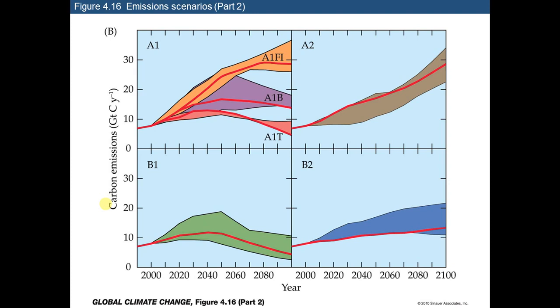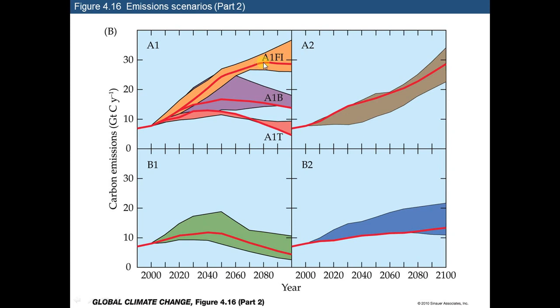Okay. Now, what happens when we go into the future? I ask you for A1FI, what happens to global carbon dioxide emissions as we go forward? What happens? They increase. Okay. So they're at 10 gigatons of carbon per year now. By 2040 or so, the world is emitting around 20 gigatons of carbon per year. And they continue to increase.